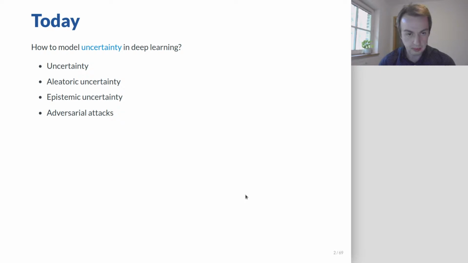And then we'll consider a second source of uncertainty, which is called epistemic or model uncertainty, which basically represents your lack of knowledge or your ignorance about what is a good model. And finally, we'll see a topic which is connected but still a bit orthogonal to uncertainty, which is adversarial attacks, and which will reveal that the kind of networks we've been talking about together are prone to what is called adversarial attacks, and basically we can make them change their predictions with only a few and well-adjusted perturbations to the input.